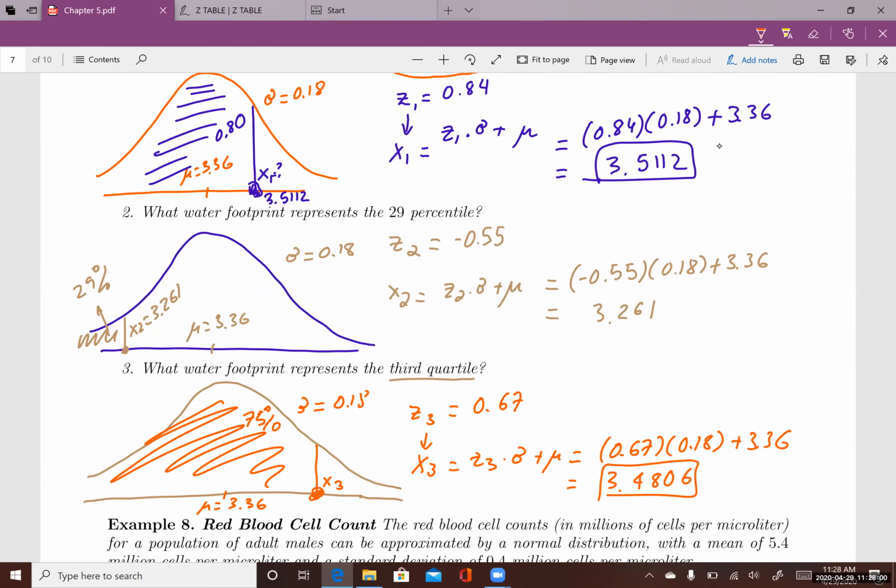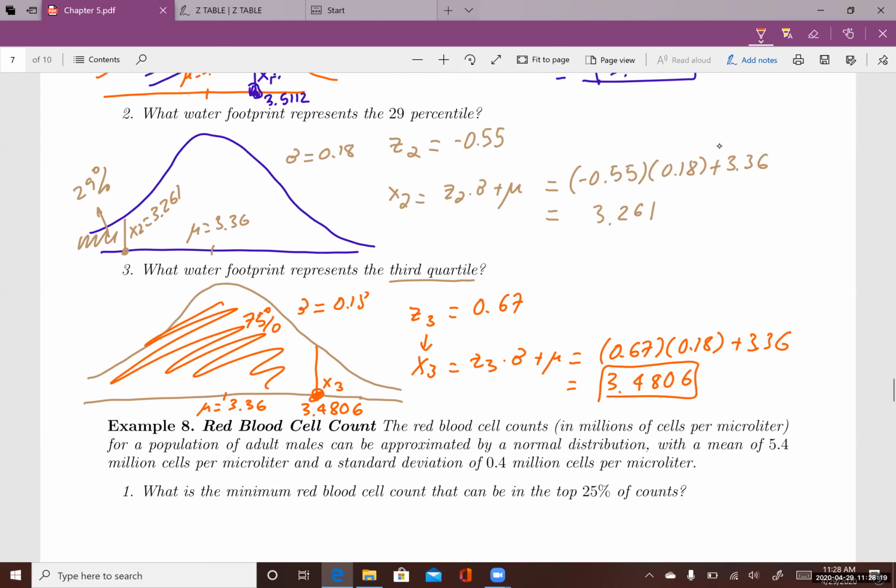So 3.4806 is the water footprint that represents the third quartile, and the third quartile corresponds to the first 75% of your population.